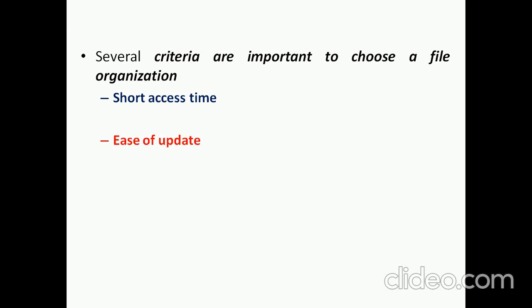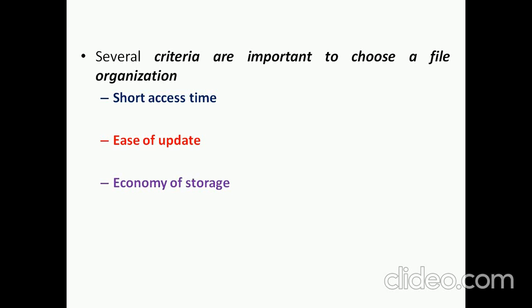Whenever we perform any operation, we need to update the details in the files, so the updating should be easy, to help us update the data and maintain its consistency.